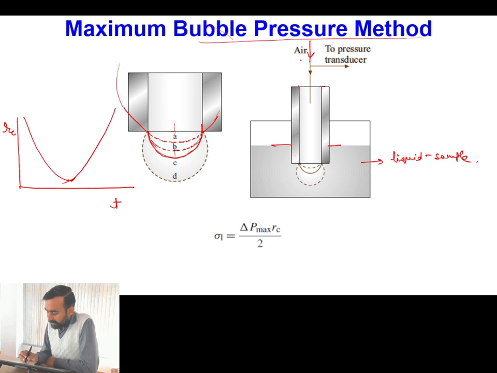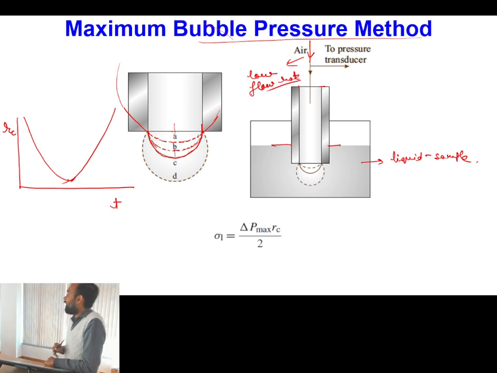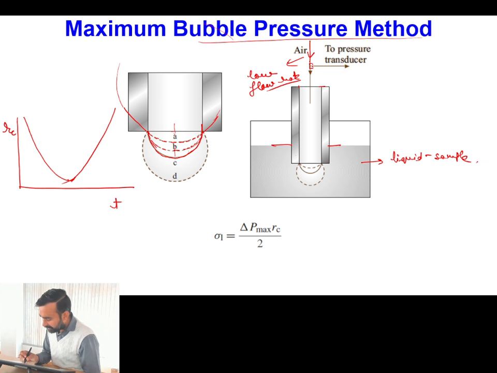Again, this air has to enter at a very low flow rate so that the inertia effect does not come into account. At low flow rate air is entering, and at this air line we have connected some pressure transducer which will be measuring the value of the pressure.